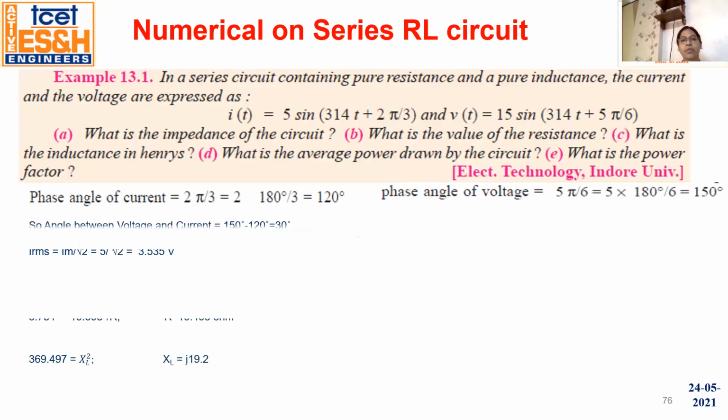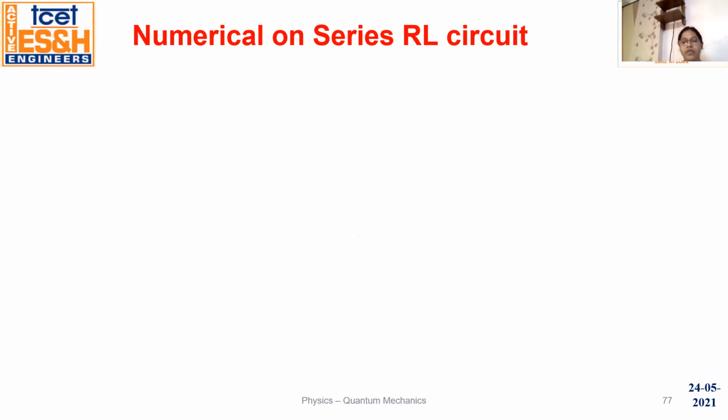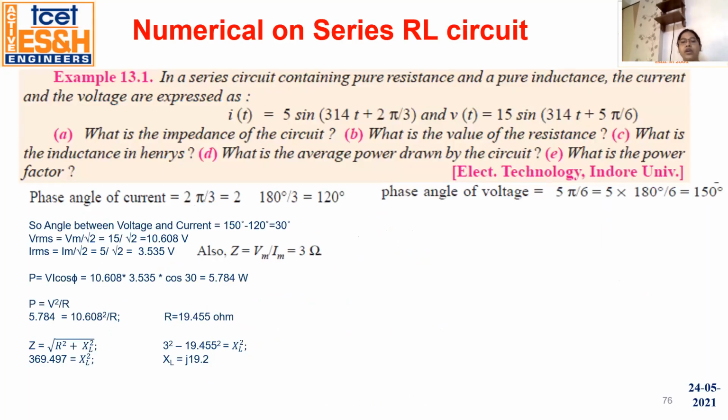Now in the second numerical, see here two equations are given for a circuit having pure resistance and pure inductance in it. This is the circuit given as per the numerical, a series circuit containing pure resistance and pure inductance. The current and the voltage are expressed as follows.